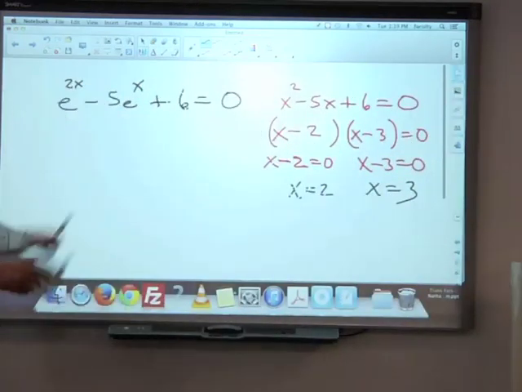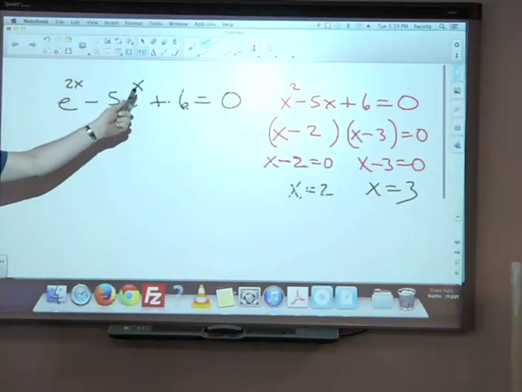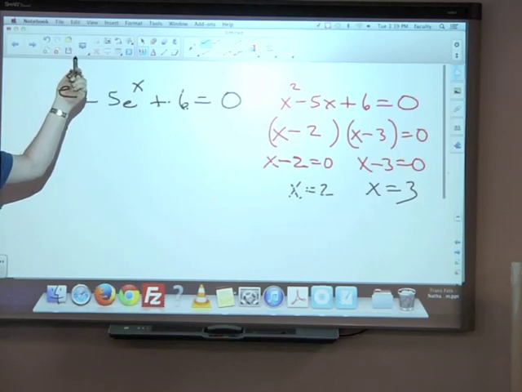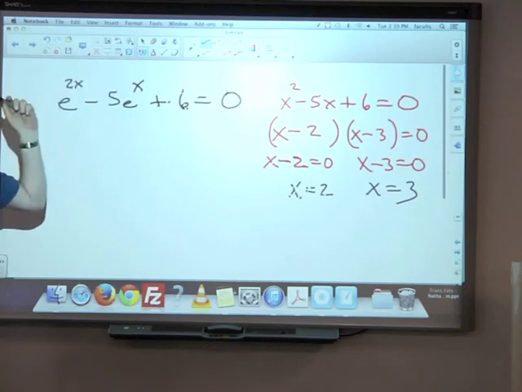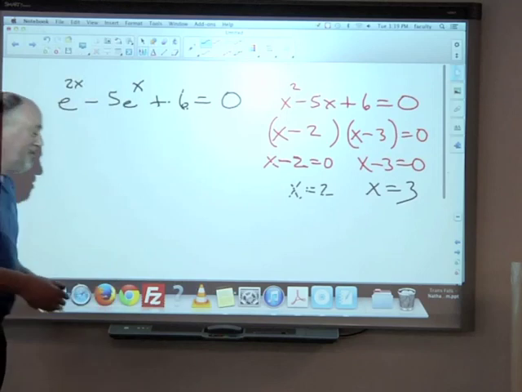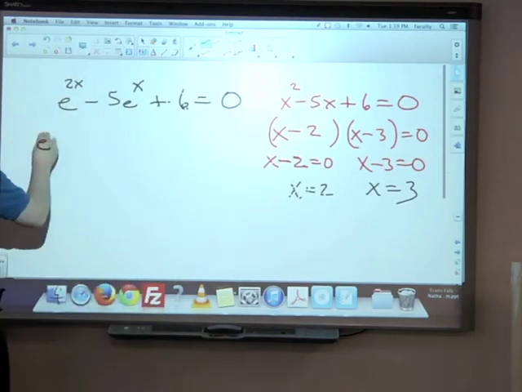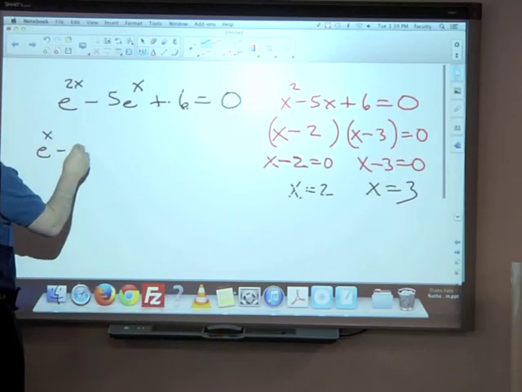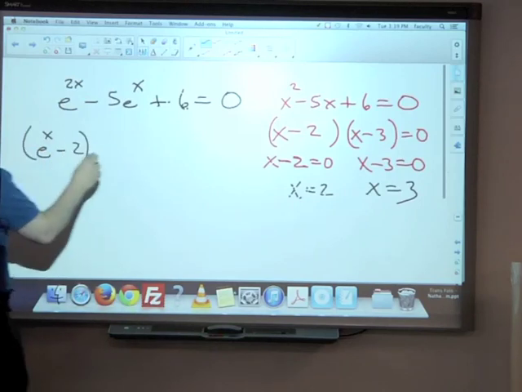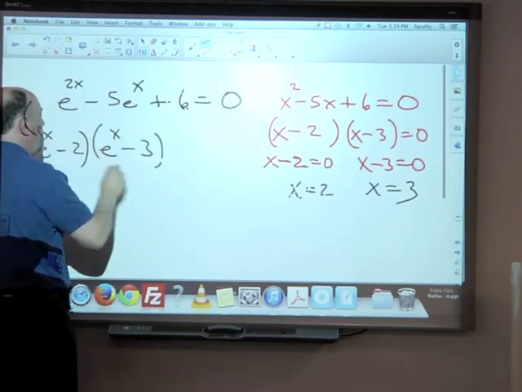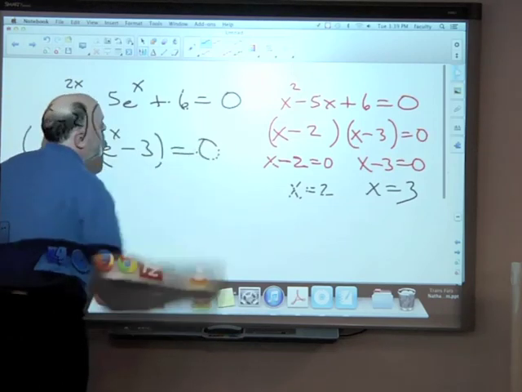This here factors basically the same way. This is quadratic in form. Instead of x minus 2 and x minus 3, however, for this one, we're going to get e to the x minus 2, e to the x minus 3.